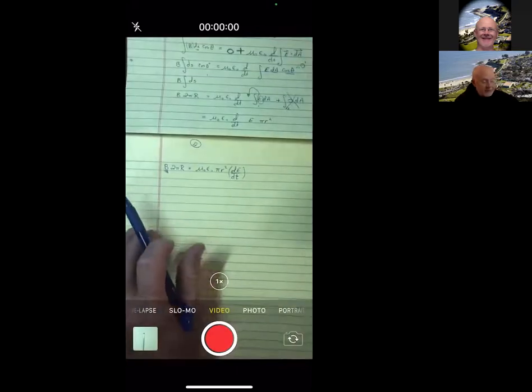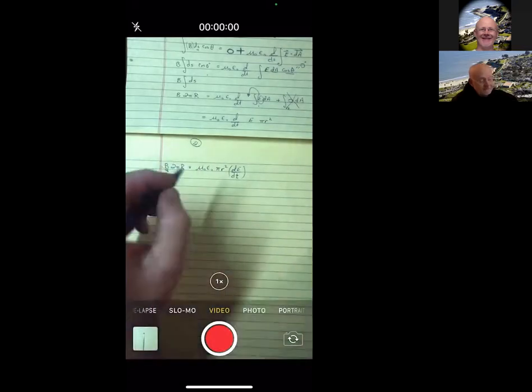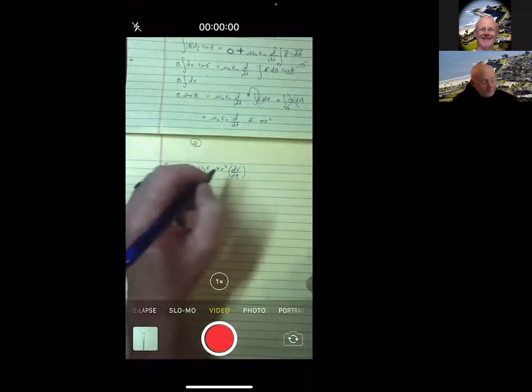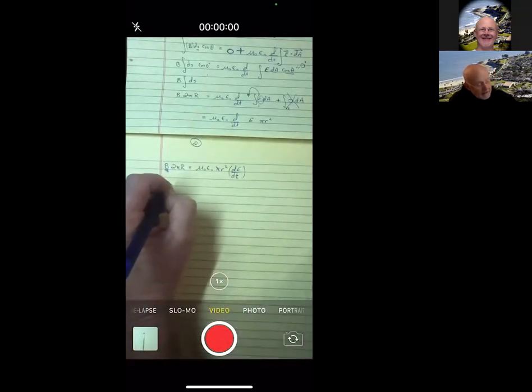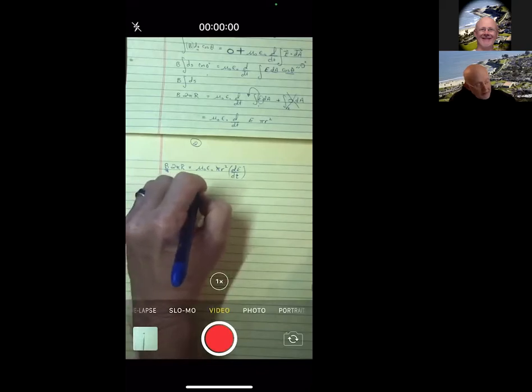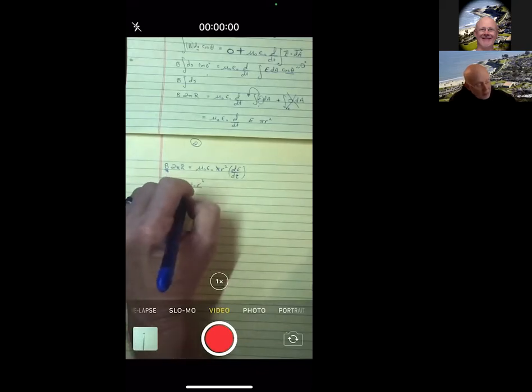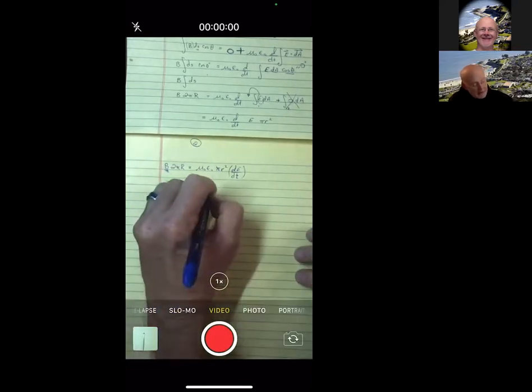I guess it'd be a surface integral. All right, well, I guess we can now cross out a pi on each side. And then move the 2 and the capital R to the other side.